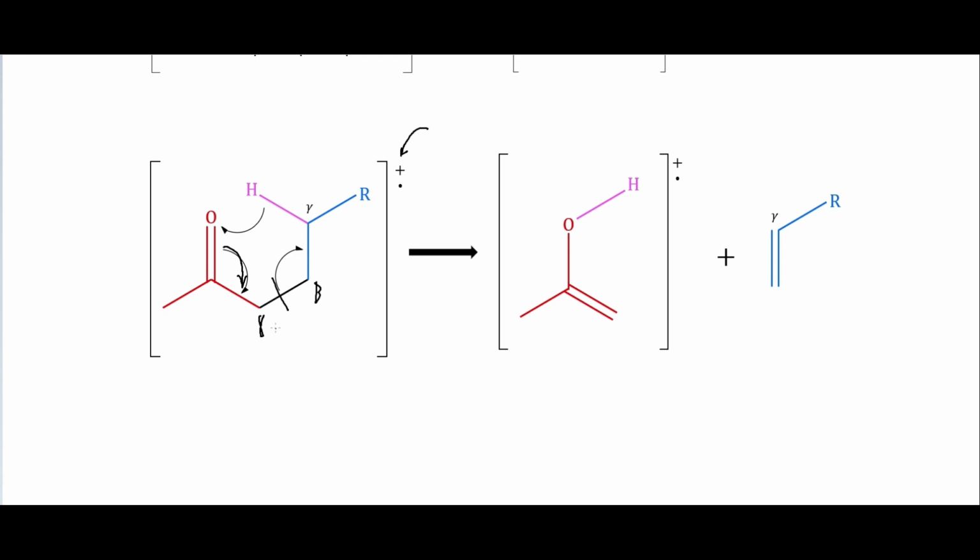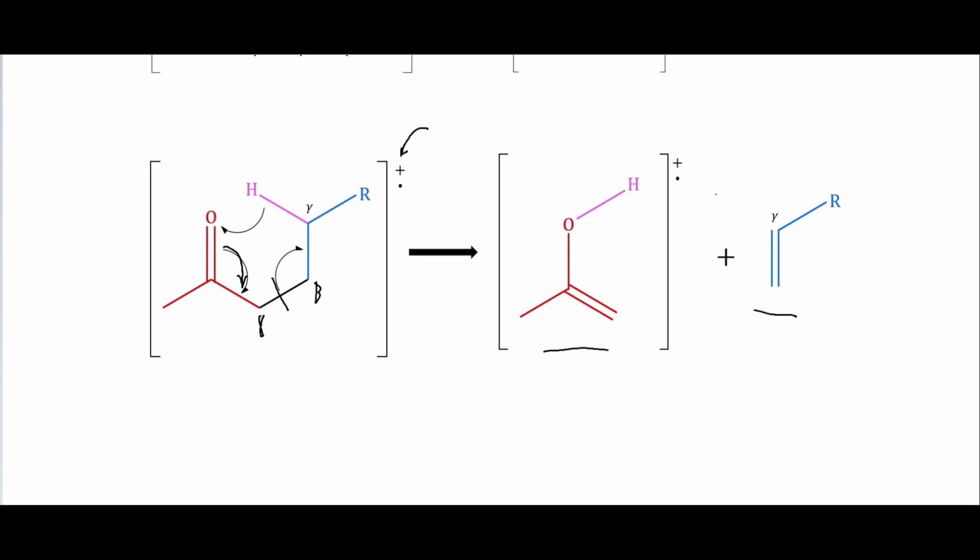And so we're breaking between the alpha and beta and forming a double bond between the beta and the gamma. And so we are breaking off this piece right here. Then the fragment that we can usually detect is the one that still has the oxygen on it right here. So that will be a radical cation there. And so this is, as I said, the McLafferty rearrangement.